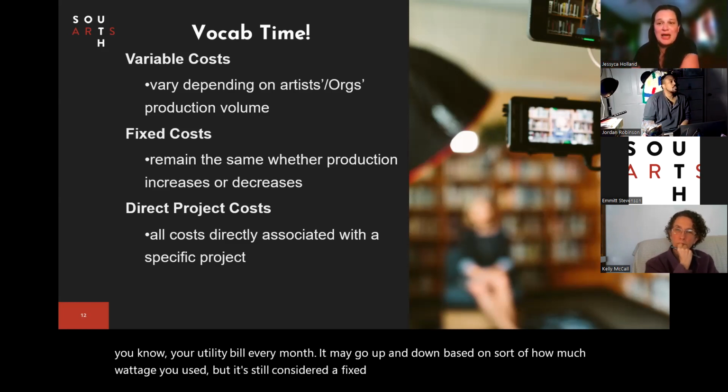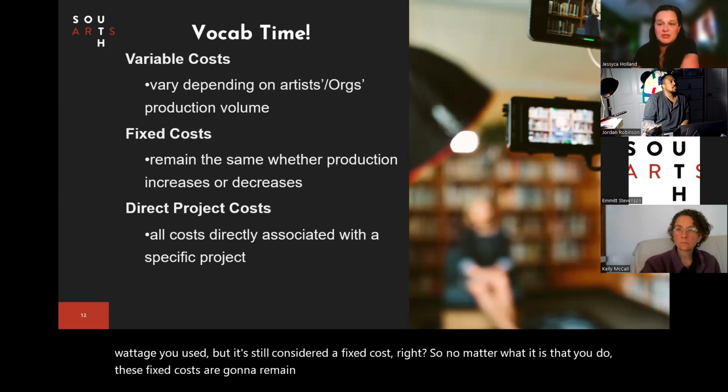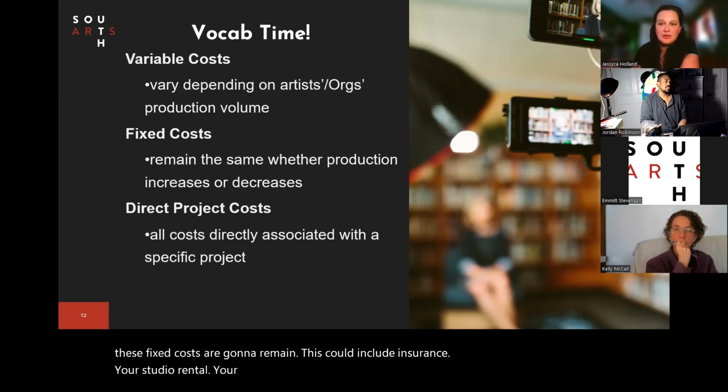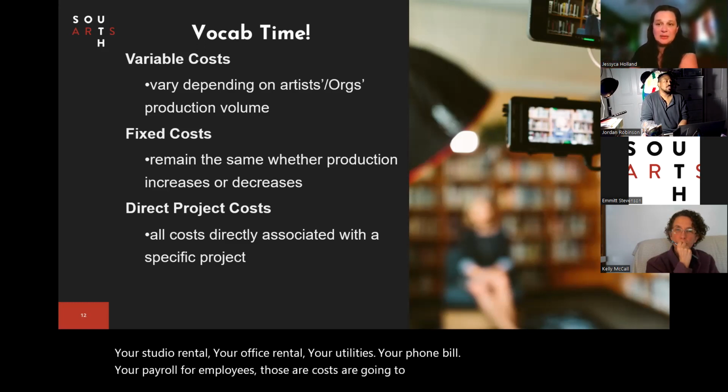So no matter what it is that you do, these fixed costs are going to remain. This could include insurance, your studio rental, your office rental, your utilities, your phone bill, your payroll for employees. Those are costs that are going to remain the same typically throughout the year, right?